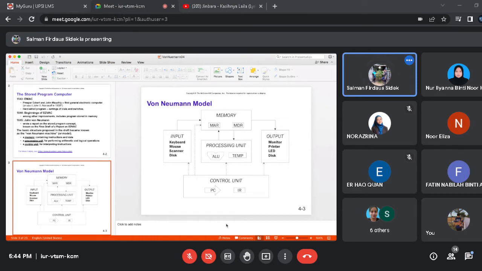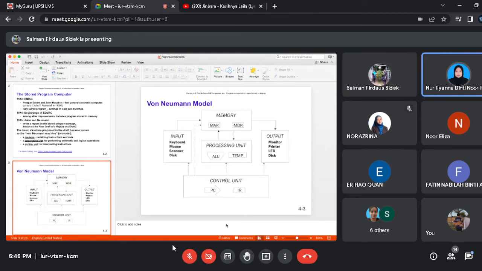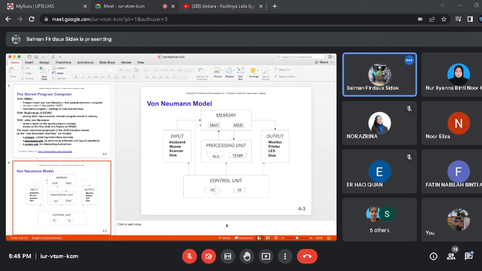So, in your opinion, what is the input device for image? If you want to transfer something from everywhere to the computer, what will you use? Scanner. Bluetooth?